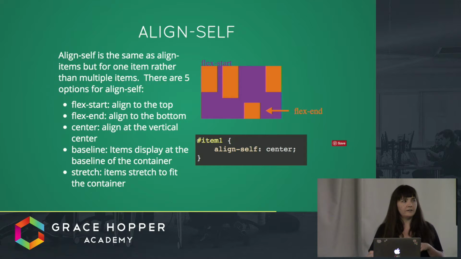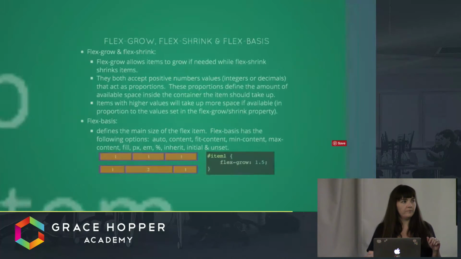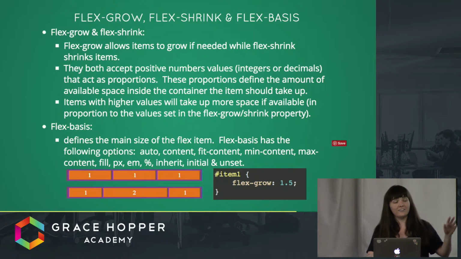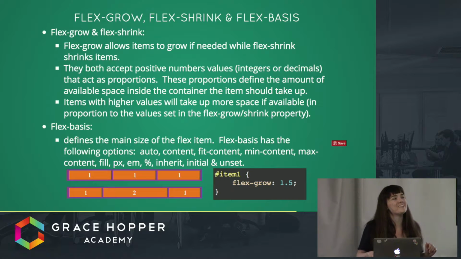And then align self, this is very similar to align items, but for one particular item rather than a group. And then flex, there's a lot of content on this page. Flex grow and flex shrink pretty much allow you to set proportions on your page.